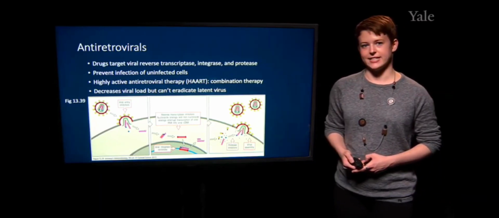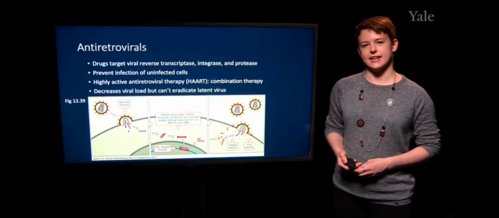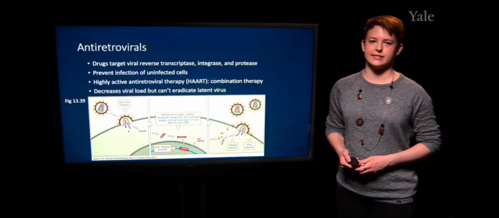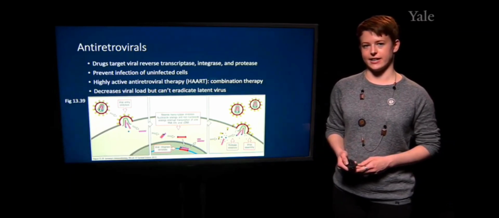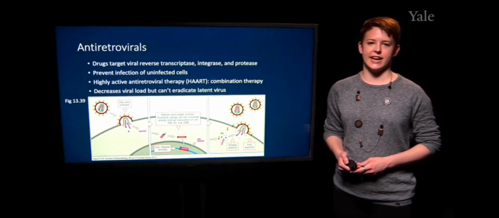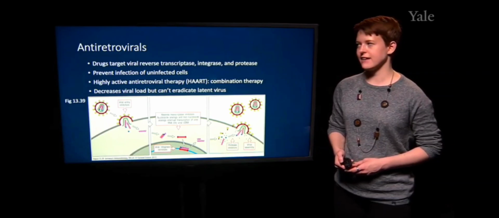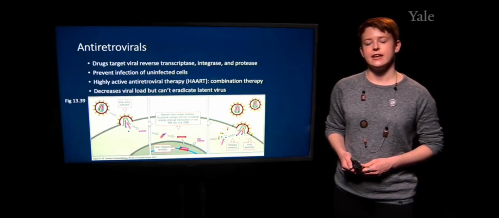Because the virus is not being translated, the immune system cannot see it, and these cells will not be targeted. So we cannot cure HIV, but with the advent of antiretroviral therapy, patients now can live a normal lifespan.